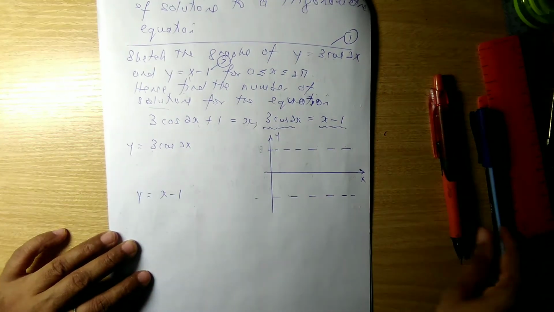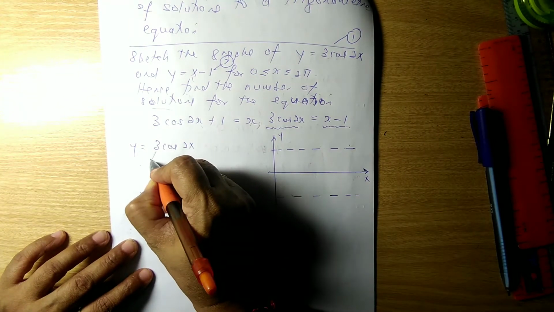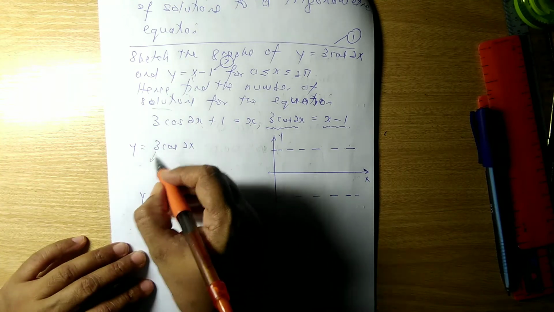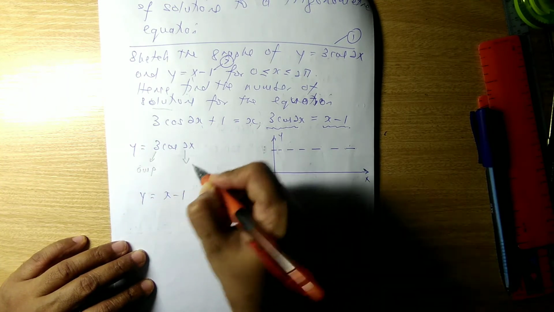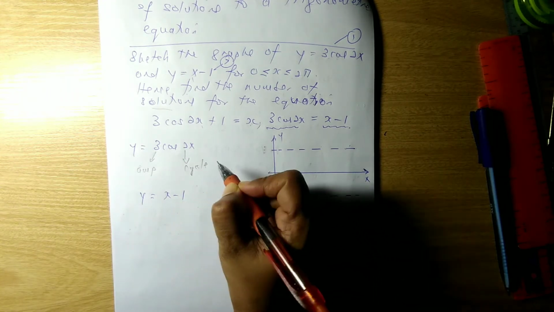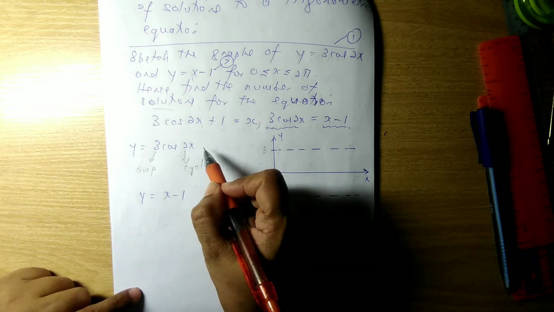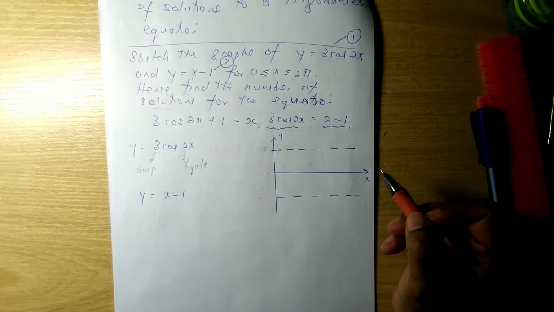y equals 3 cos 2x. If you still remember, the value in front of the function gives you the amplitude of the graph. The coefficient of x gives you the number of cycles of the graph. And there's one more value that tells you how many units the graph is shifted up or down.